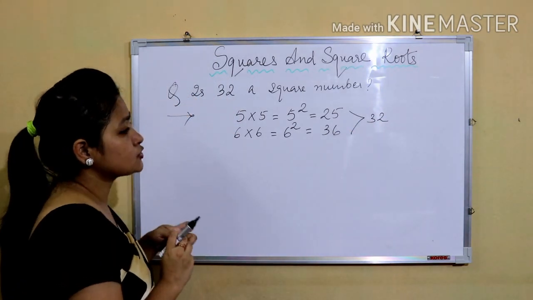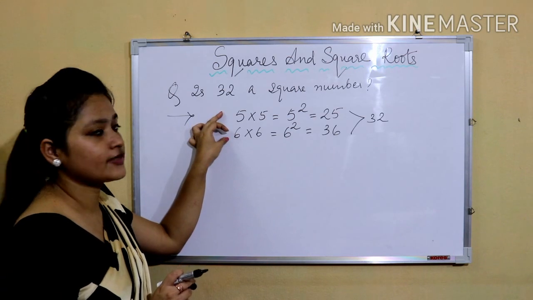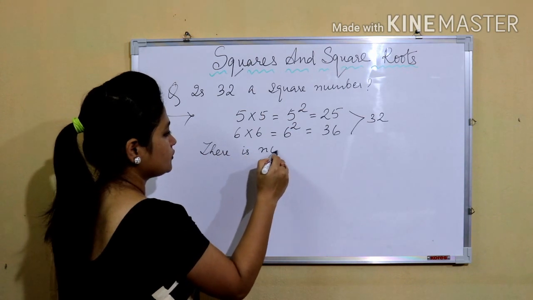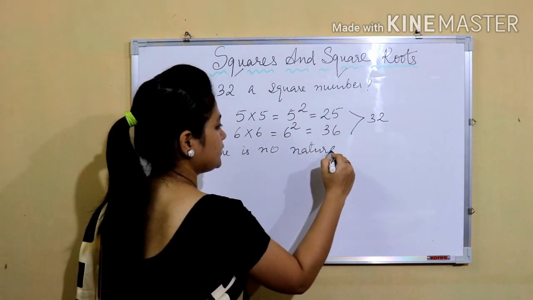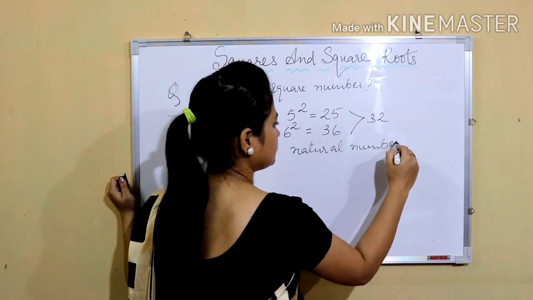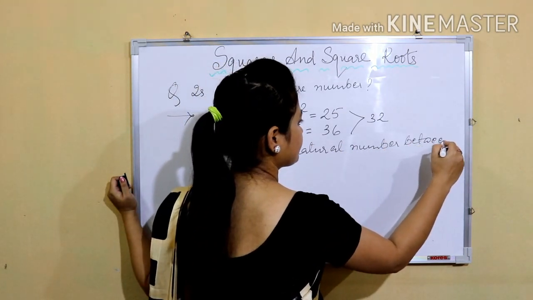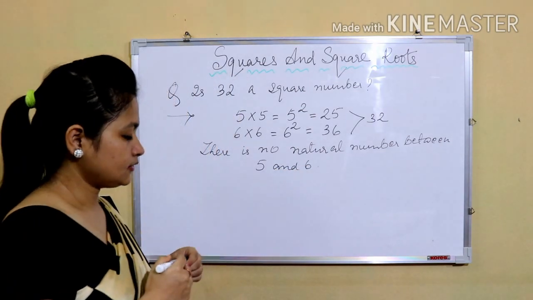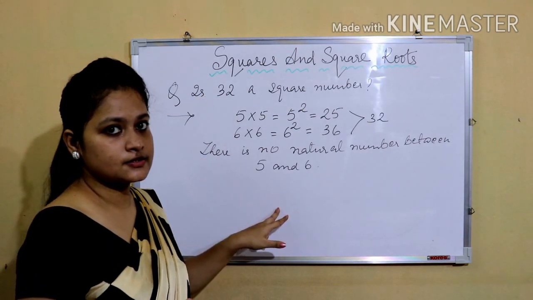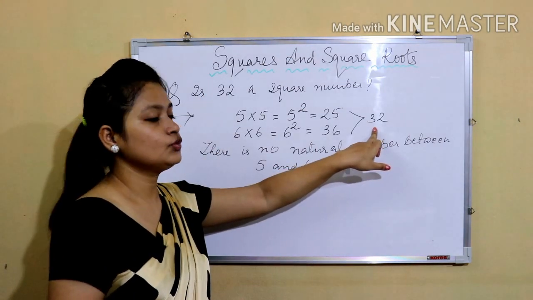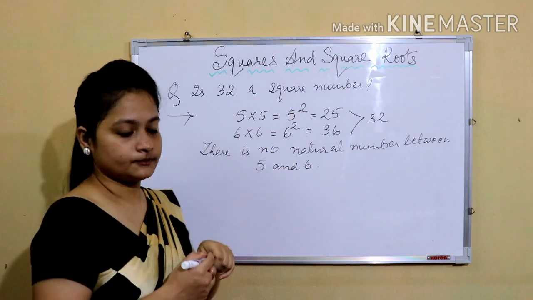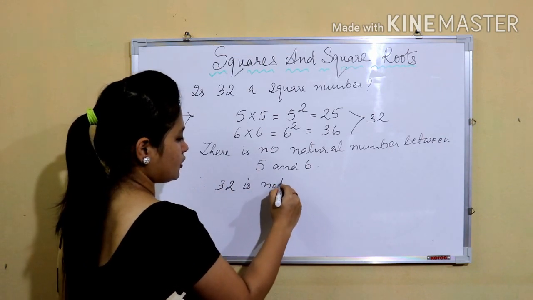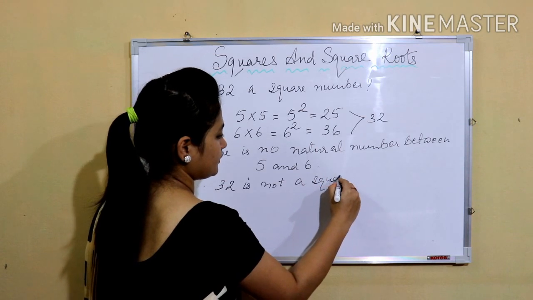But there is no natural number between 5 and 6. So what can we write? That 32 is not a square number. Therefore, 32 is not a square number.